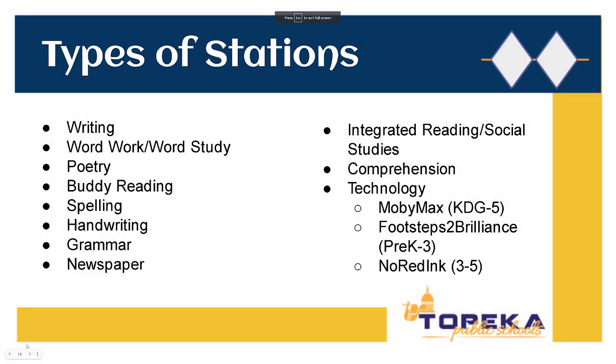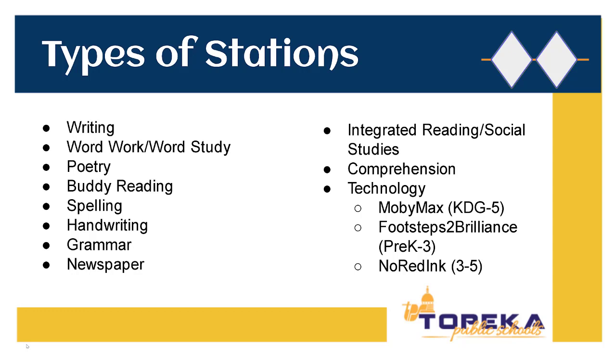So let's turn our attention to types of stations that you might have throughout the course of the year. Again, we talked about wanting to be consistent so that students know what to expect as they're working through workstations. So on the screen, you will see examples of various types of workstations that you might consider using throughout the year.